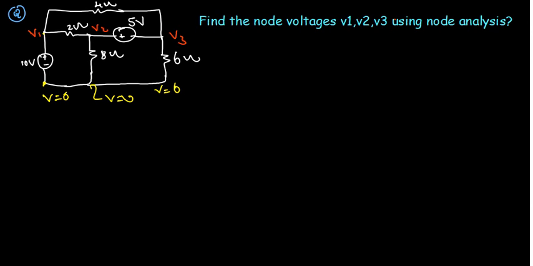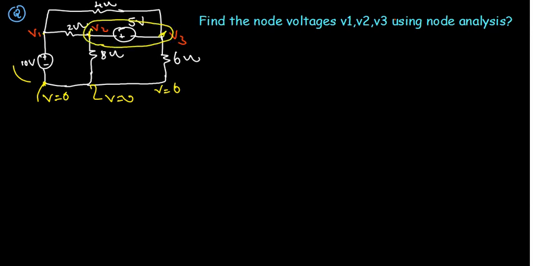Is this voltage source connected between two non-reference nodes? No, this is a reference node, so this is not a supernode. Now let's take this one. Is this voltage source connected between two non-reference nodes? Check it: V2, V3. Yes, this is a supernode.